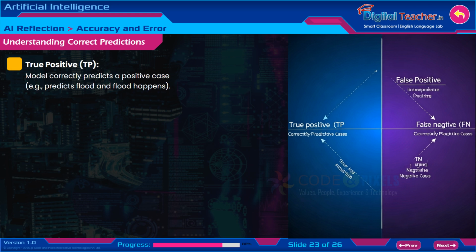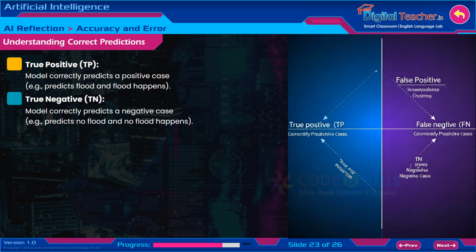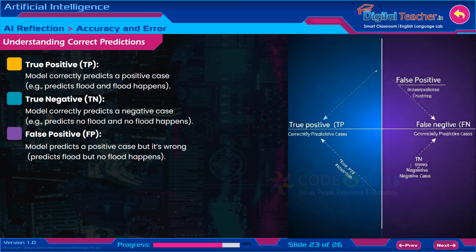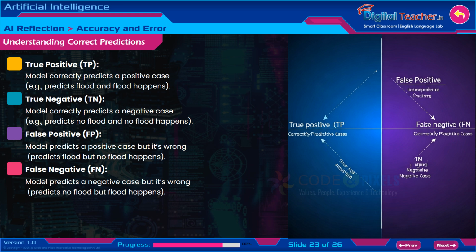True positive: model correctly predicts a positive case. True negative: model correctly predicts a negative case. False positive: model predicts a positive case but it's wrong. False negative: model predicts a negative case, but it's wrong.